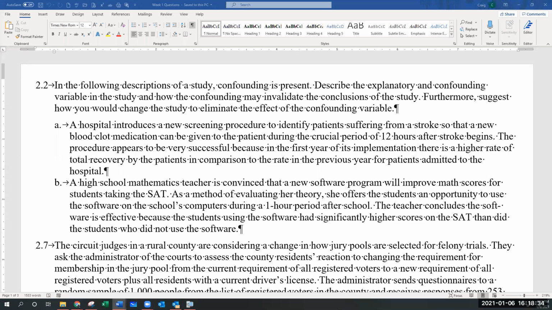And so we're seeing if that's the thing that can explain why there's a different outcome, i.e. the patients are recovering at a higher rate. Does that make sense?